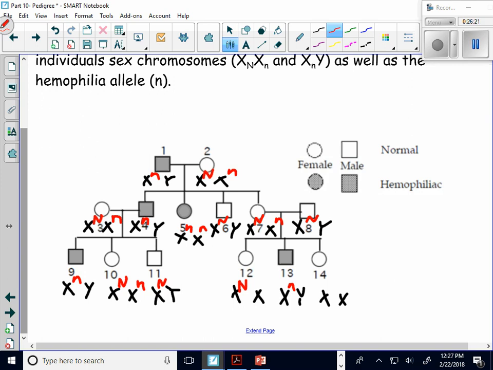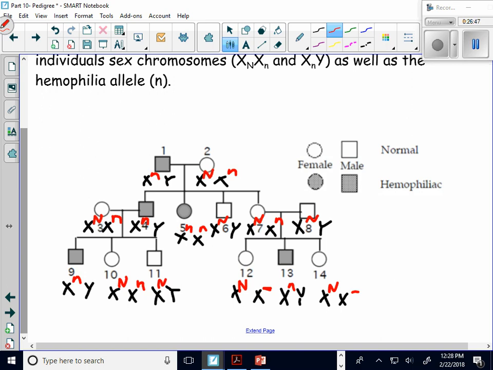It could be big N, it could be a little n. Okay? Would that be the same for 14 then? That'd be the same for 14, I would agree. Because we don't really know, do we? We don't really know. Okay.